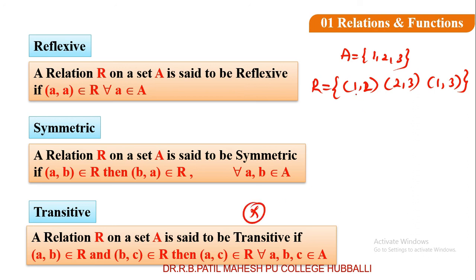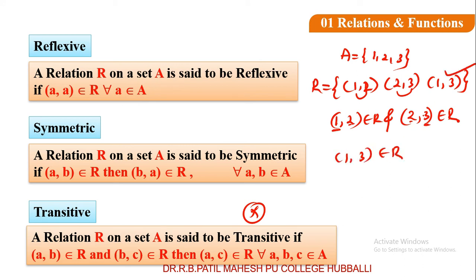A to B, (1, 2) belongs to R and B to C. Definitely it is B, because here B is 2, here also 2, therefore B to C means (2, 3) belongs to R. Check whether (1, 3) is there or not in this given relation. (1, 3) is also there in this relation.